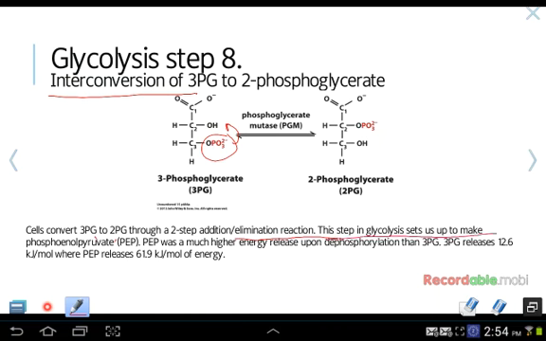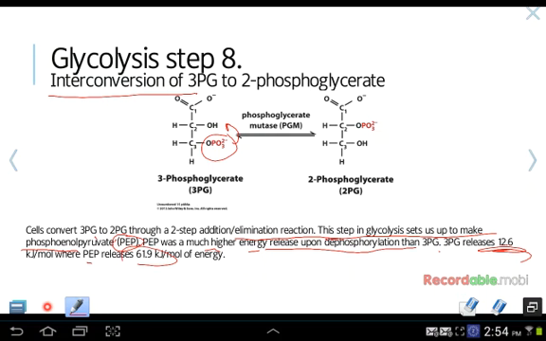This step in glycolysis sets us up to make phosphoenolpyruvate, or PEP, which has a much higher energy release upon dephosphorylation than 3PG. For instance, 3PG only releases 12.6 kilojoules per mole, where PEP releases 61.9 kilojoules per mole of energy.